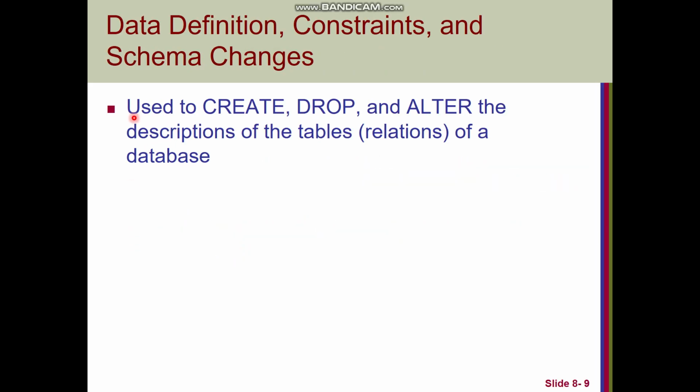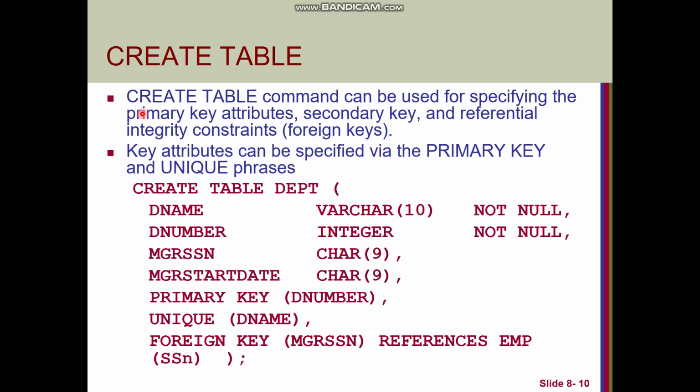So we can use data definition to create and drop and alter the descriptions of table. So data definition can be used in order to create, drop, and alter the descriptions of the table. So for example, if you have to create a table, first we have to write the keyword like we mentioned before.